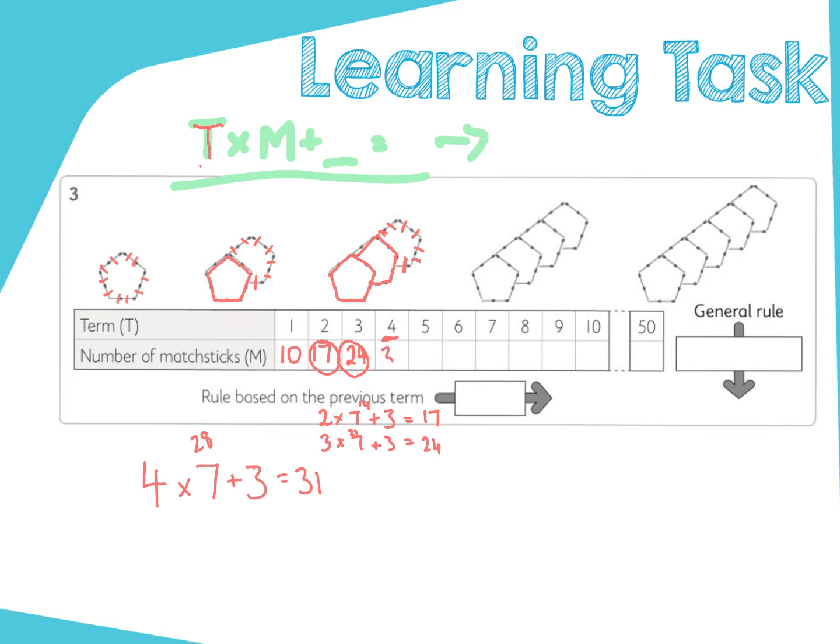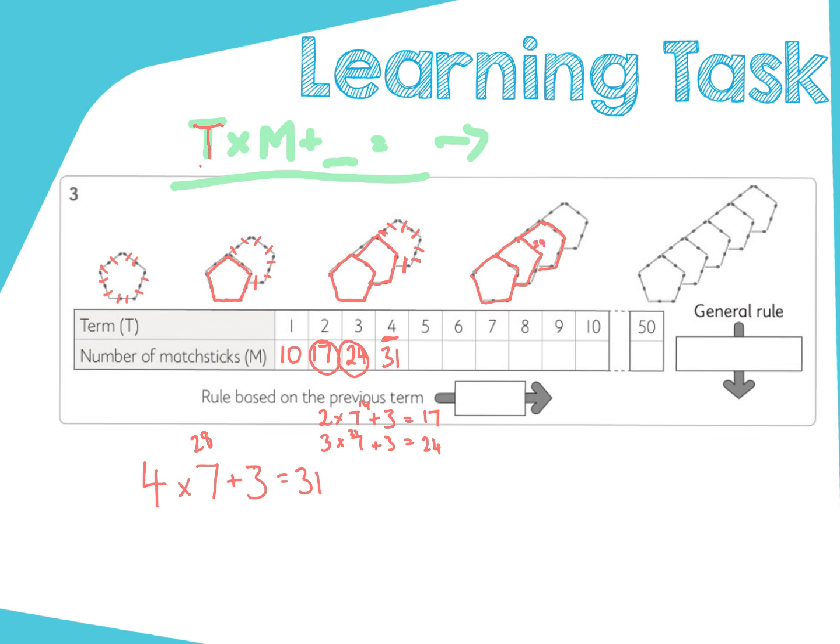So 31. All right, and the great thing is, because I've still got some patterns there, I can actually check this. So I know that it's going to take me 31 matchsticks. 24 matchsticks to make this shape. All right, so in the third term, that's 24 matchsticks.